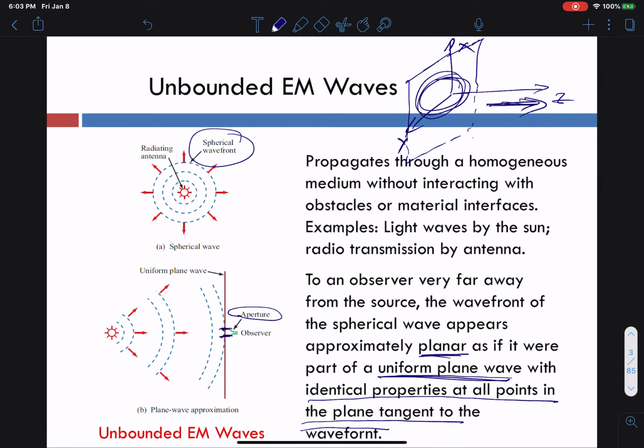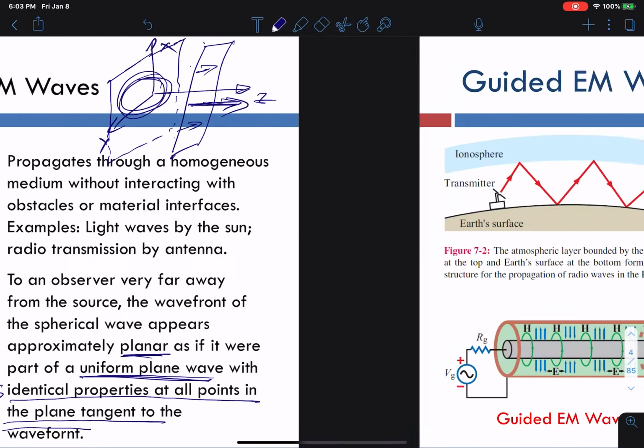So your wave is going as a plane. I can take one plane at a time, this one here, another one could be over here. Every xy plane is pushing towards the z direction, but the plane which is perpendicular to the direction of propagation has the same property everywhere for the wave. That is called a uniform plane wave.